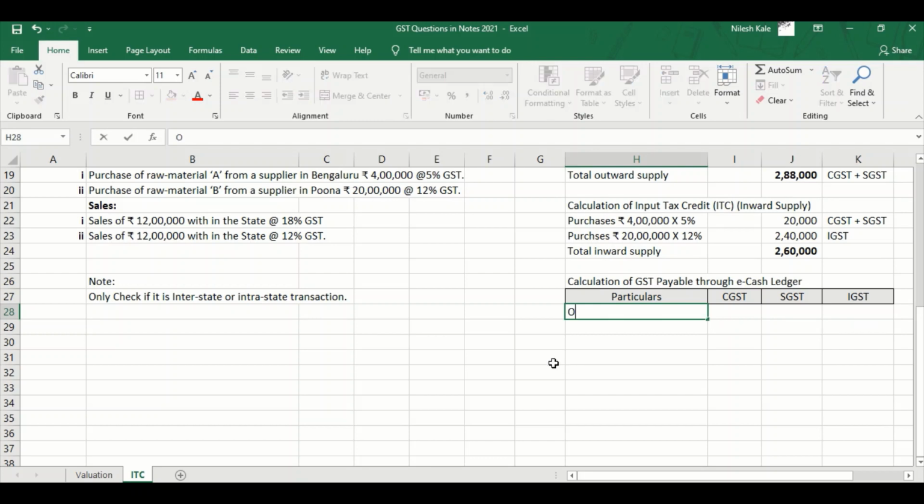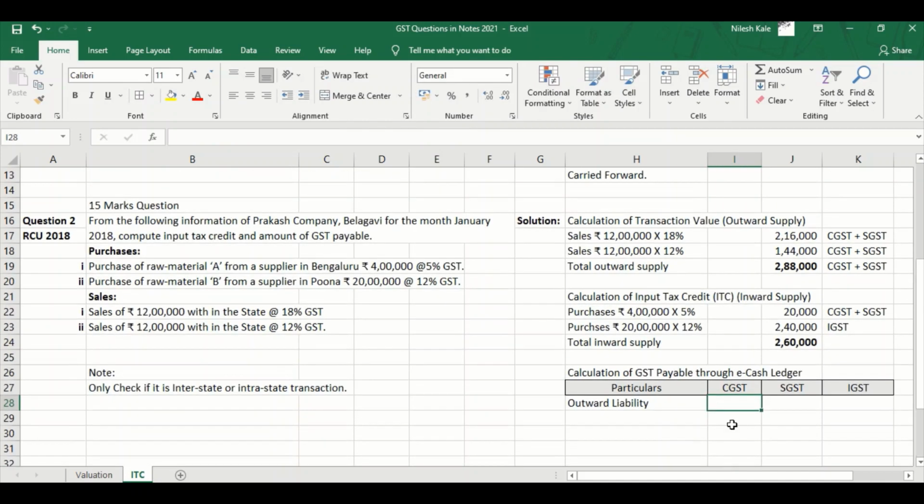Now let us start with the outward supply. Let me write outward liability. Total outward liability is how much? CGST plus SGST is 2,88,000, and this is both. I will have to divide it by 2, right?